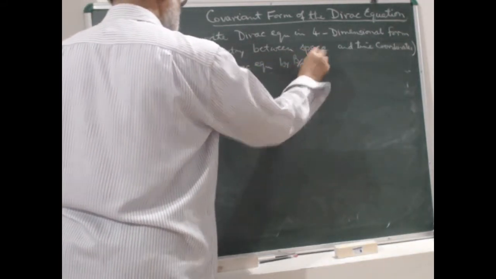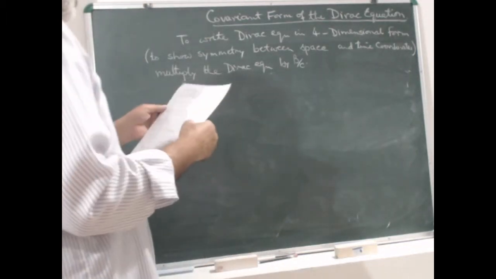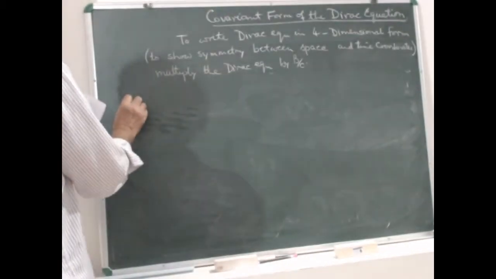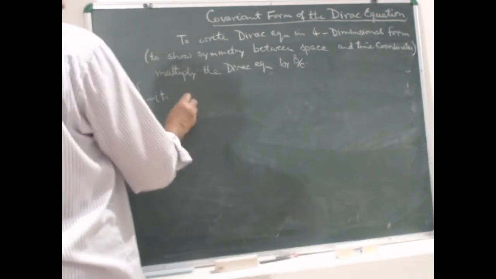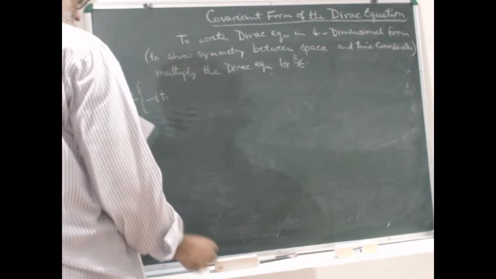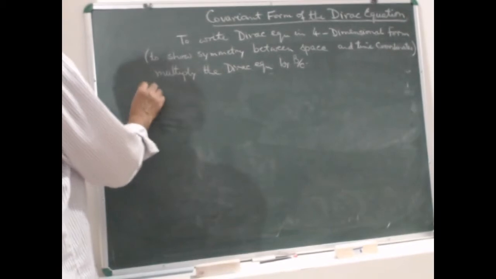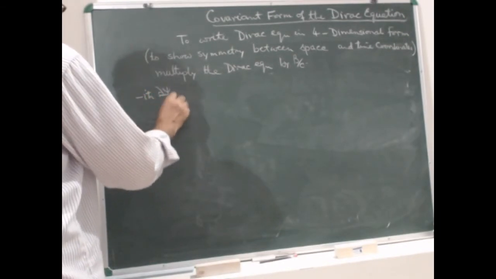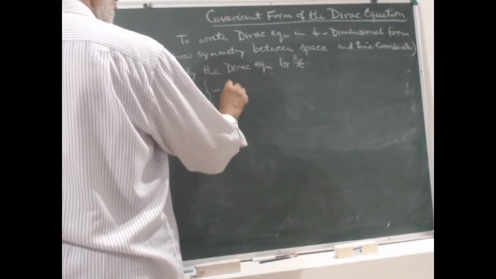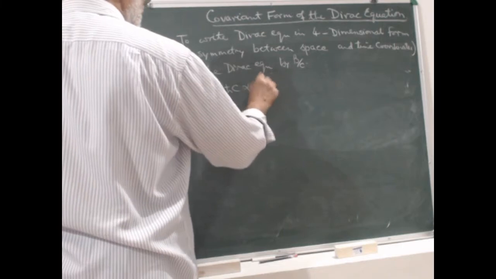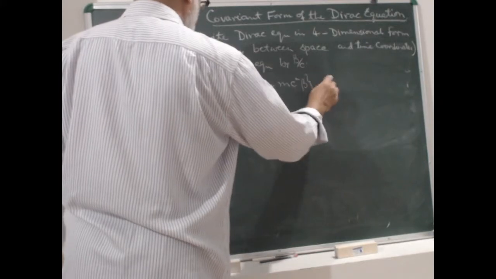So first of all we will write the Dirac equation and multiply it by beta by c. The Dirac equation: minus i h cross del psi by del t is equal to minus i h cross c alpha dot del plus m c square beta, psi.